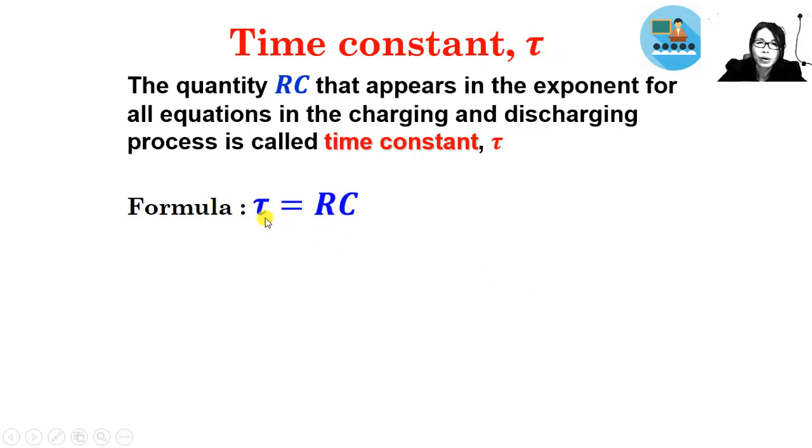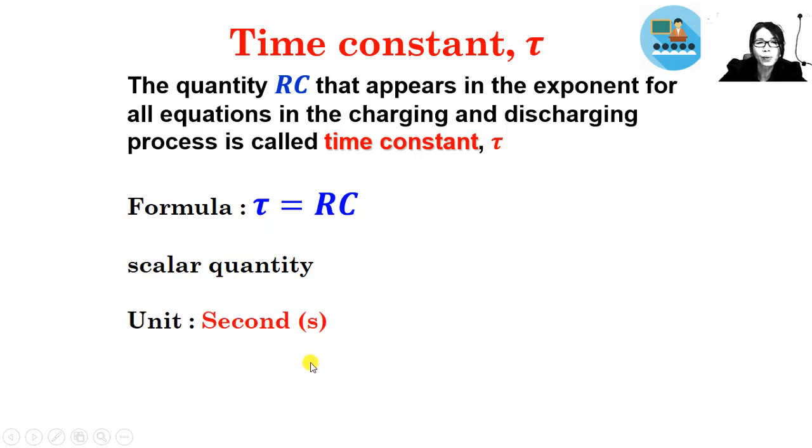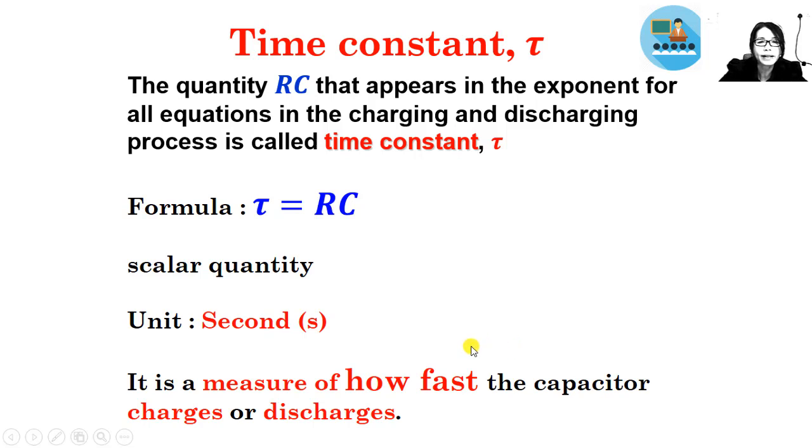This time constant is related to the resistance that we connect in the circuit and also the value of the capacitor. Time constant is a scalar quantity whose SI unit is second. It is the measurement of how fast the capacitor is able to charge or discharge.